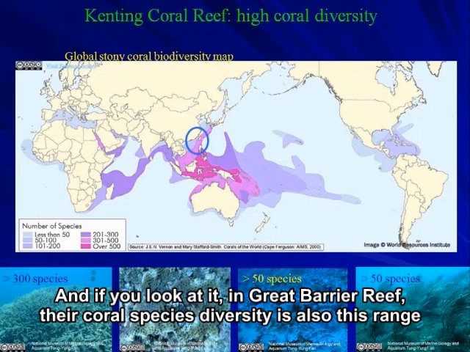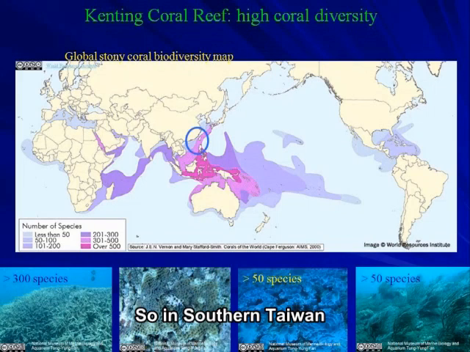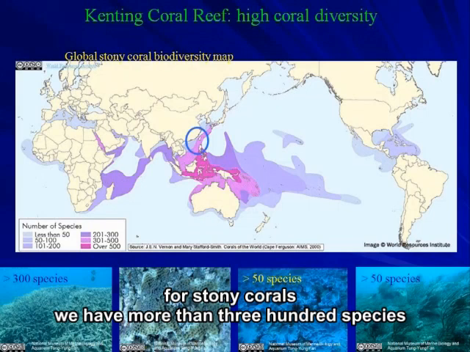If you look at the Great Barrier Reef, their coral species diversity is also in this range. So in terms of coral species diversity, we are as abundant as the Great Barrier Reef. In southern Taiwan, for stony corals, we have more than 300 species.